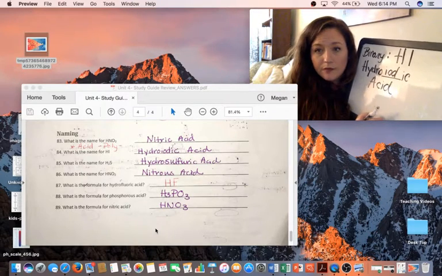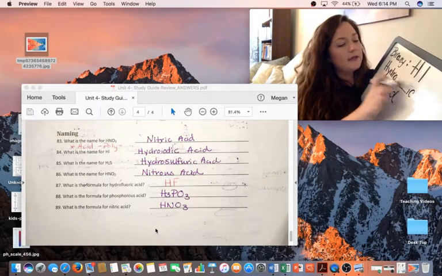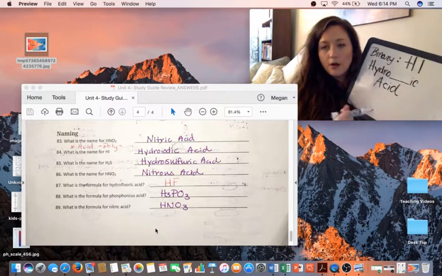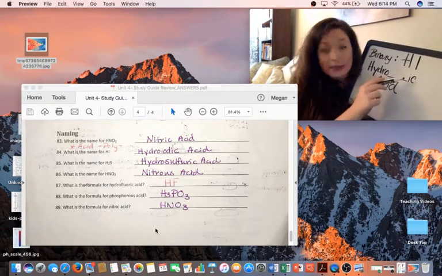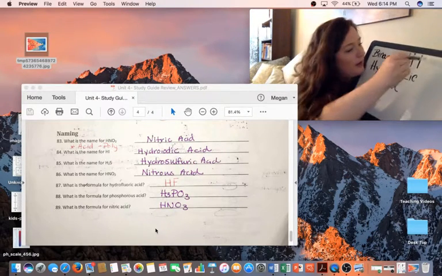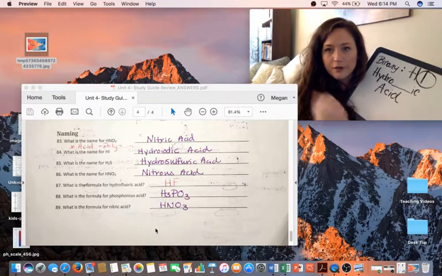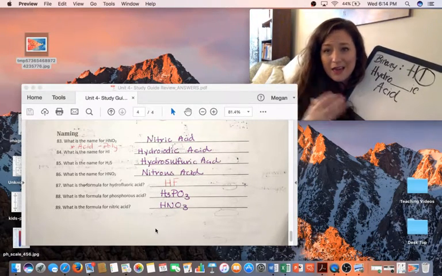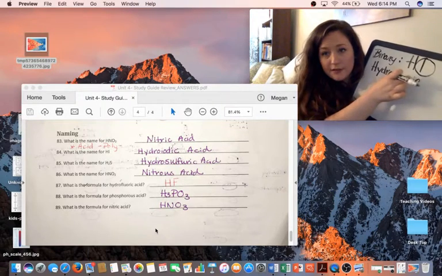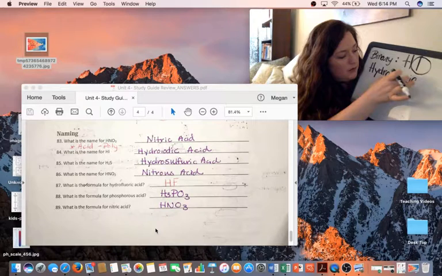All right, so if you guys can write out this part, hydro, space, ic, acid, take whatever element is in the second spot, sulfur, phosphorus, bromine, any of those, and add their stem prefixes, the starting point of them, and you will be able to find that.